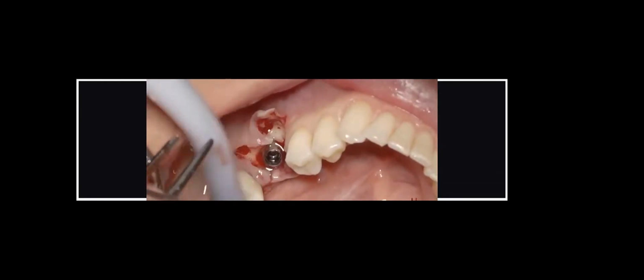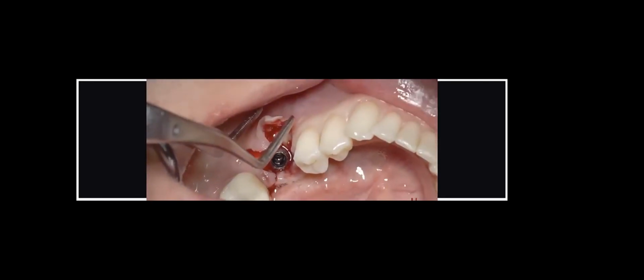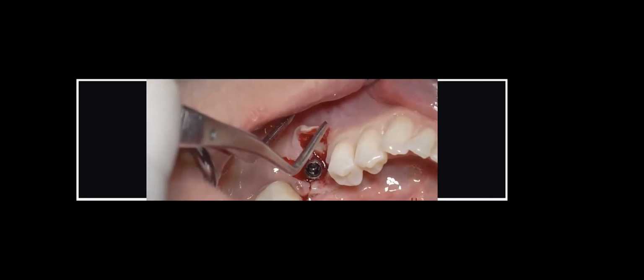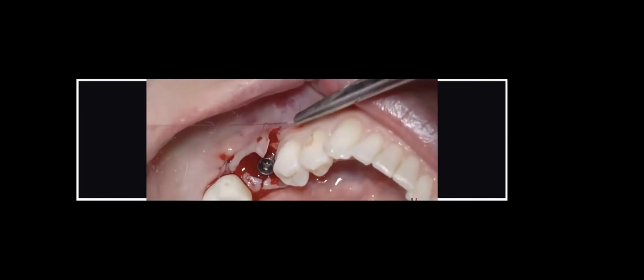And with a small burr, we do the implantoplasty by removing the threads. And once the threads are removed and polished, we just apply some oral gel around the implant. And then we suture up the case.